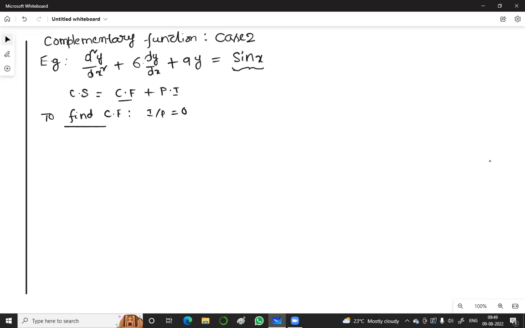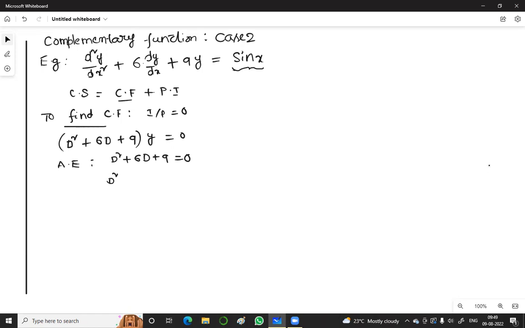Now this equation I can write in terms of operators directly. D square plus 6d plus 9, each one is operating on y, is equal to 0. Now find the roots of this. What is the auxiliary equation? D square plus 6d plus 9 is equal to 0, because y can never be equal to 0, as y is our output. That is what we call complementary function. So find the roots.